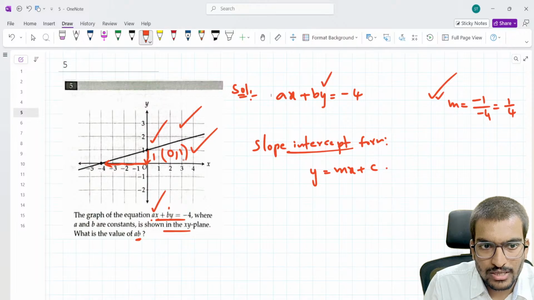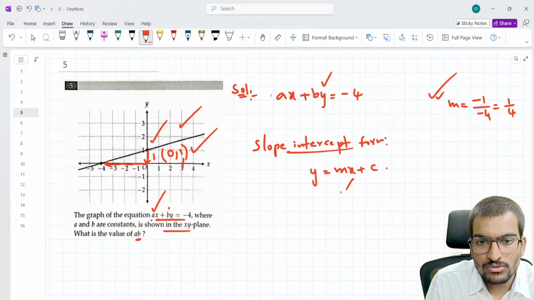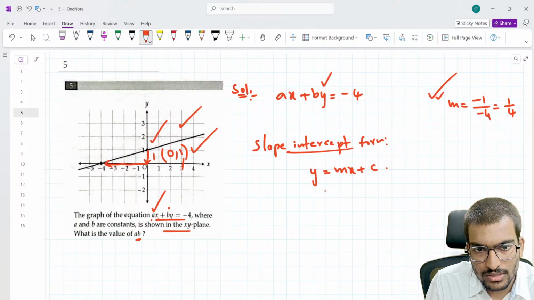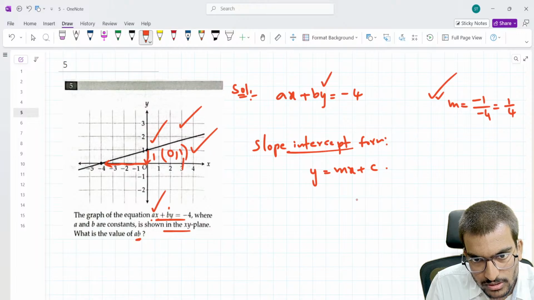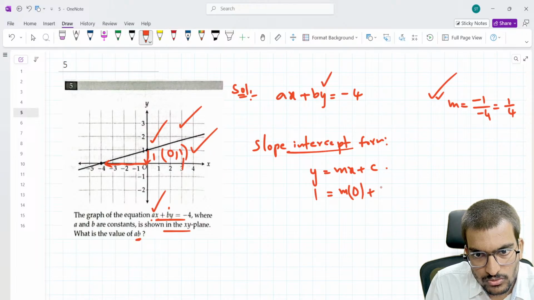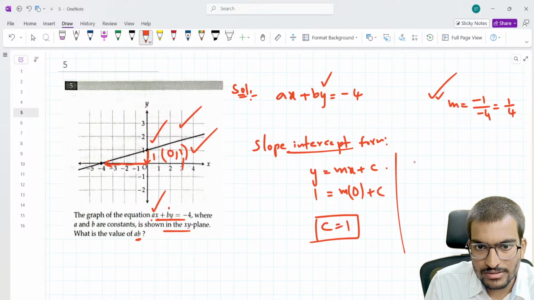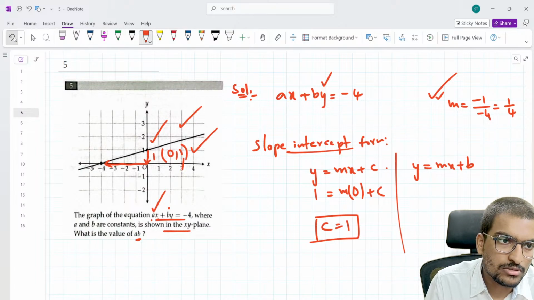If you substitute this point, x equals 0, y equals 1, you get the c value as 1. So you got the y intercept, y equals mx plus b, or c, whatever.